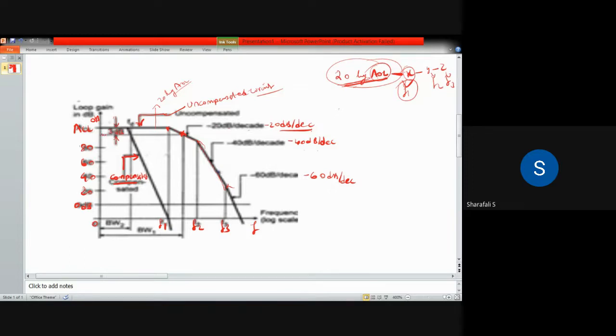So from the maximum value of gain ACL, it is reduced by 3 dB.